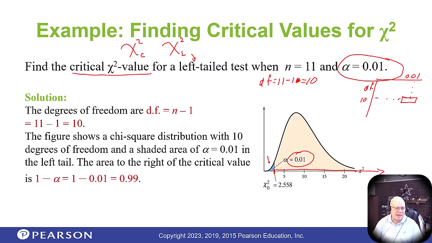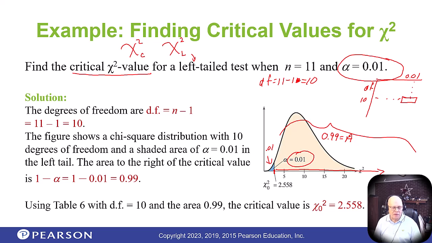And since this part back here is 0.01, the part of this will be 0.99. That is the area you'll need for this left-tailed test. And if you give it a shot, as I hope you do, you'll find in table 6 that you should get a left-tailed critical value of 2.558.